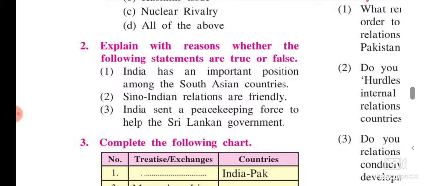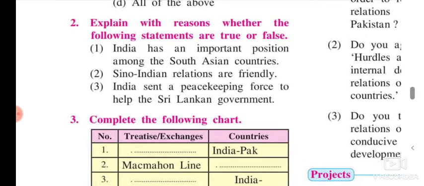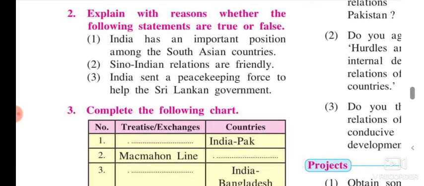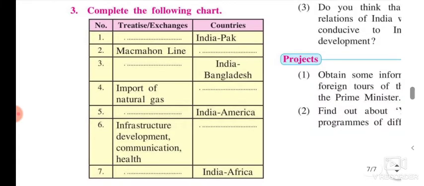Second row. Explain with reasons whether the following statements are true or false. First one. India has an important position among the South Asian countries. Second one. Sino-Indian relations are friendly. Third one. India sent a peacekeeping force to help the Sri Lankan government. Third row is complete the following chart.